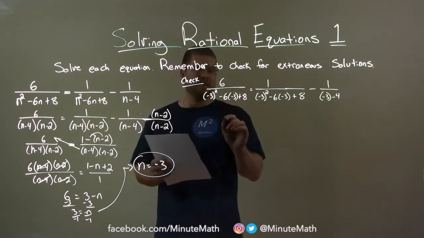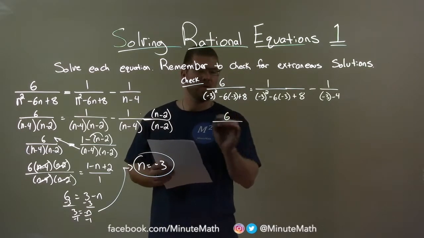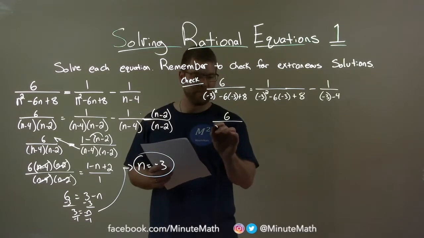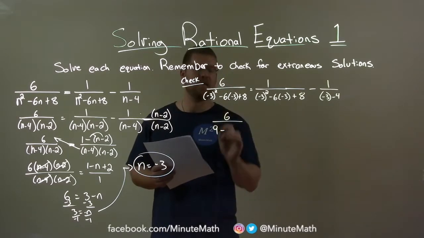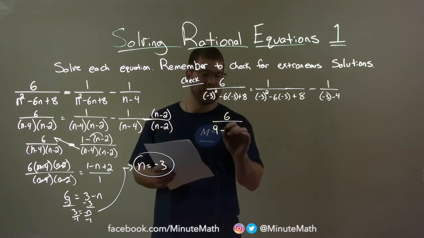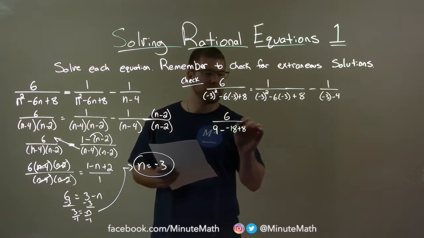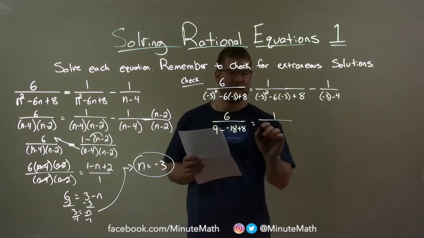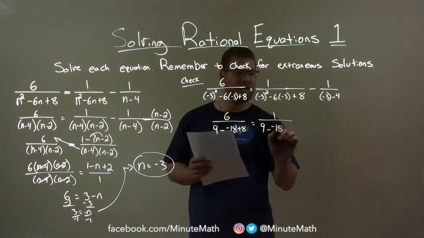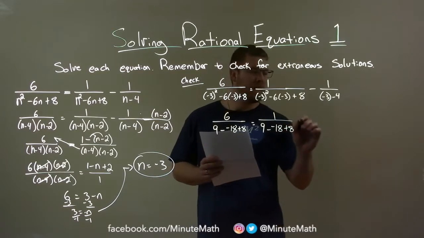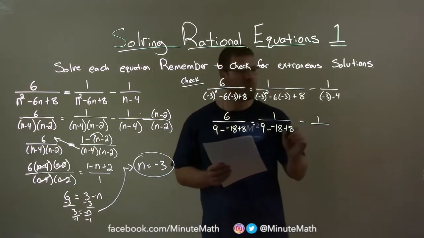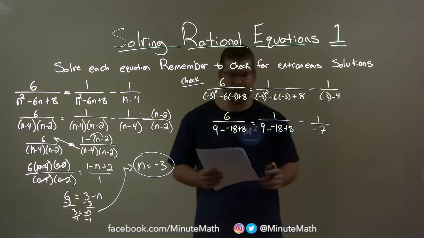So we have 6 in the numerator over the denominator, negative 3 squared, positive 9, minus 6 times minus 3 is a minus 18, plus 8 equals, well, same denominator, so we should have the same thing out here. 9 minus a negative 18 plus 8. And then all the way to the right, 1 over negative 3 minus 4 is a negative 7.